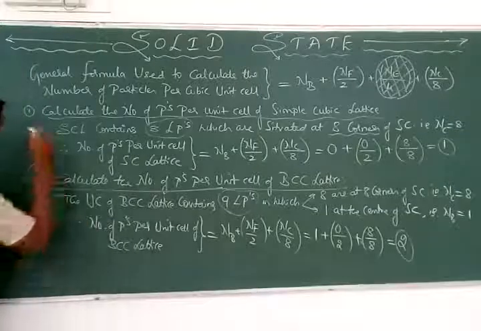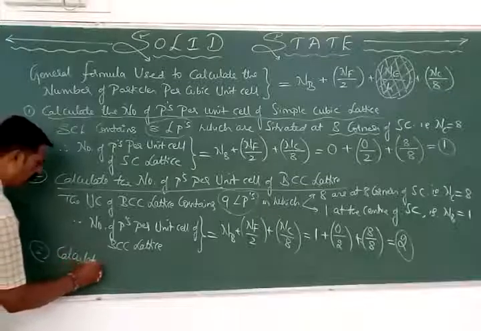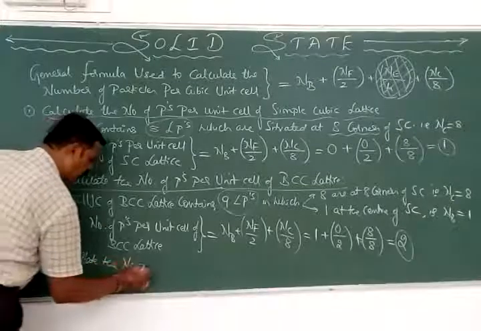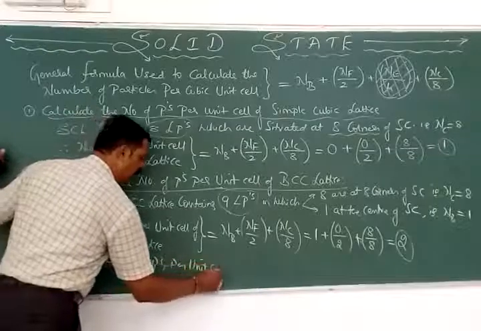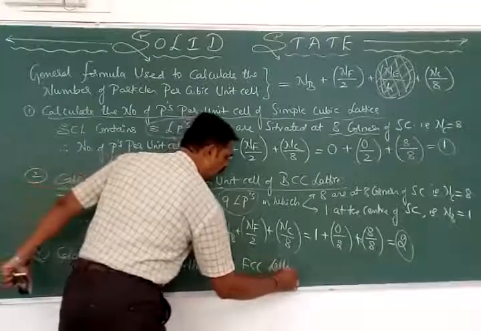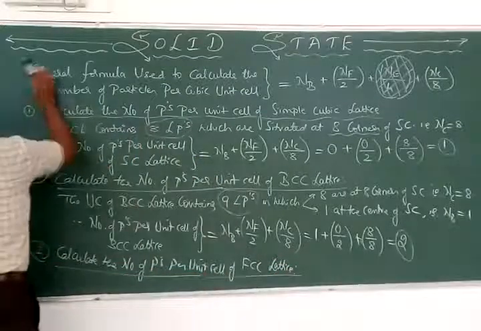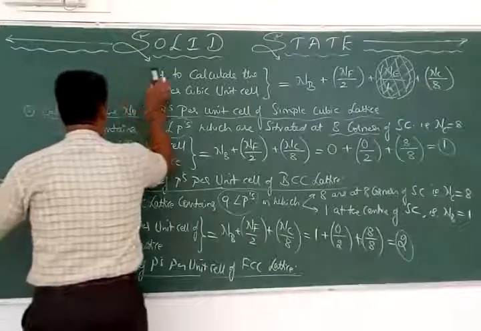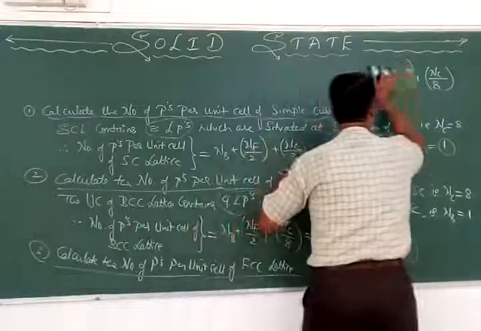Third one I will write here, and then we will calculate the number of particles per unit cell of the FCC lattice. How many lattice points, how many particles are present per unit cell of the FCC lattice?